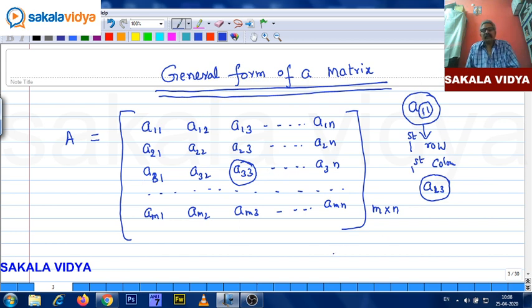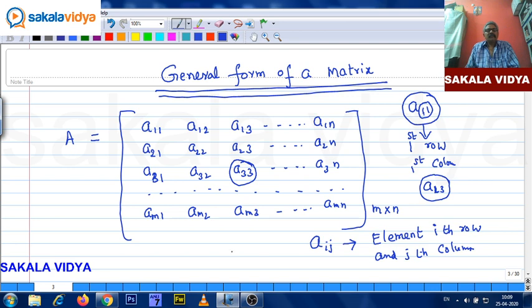In general, aij is the element in the ith row and jth column.